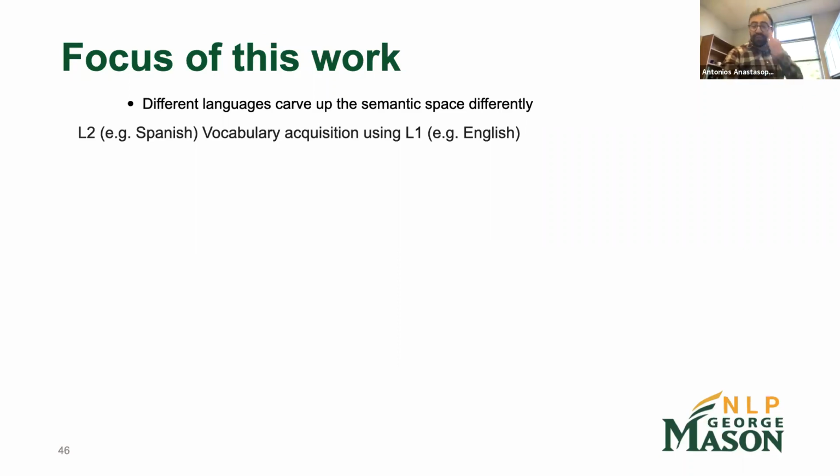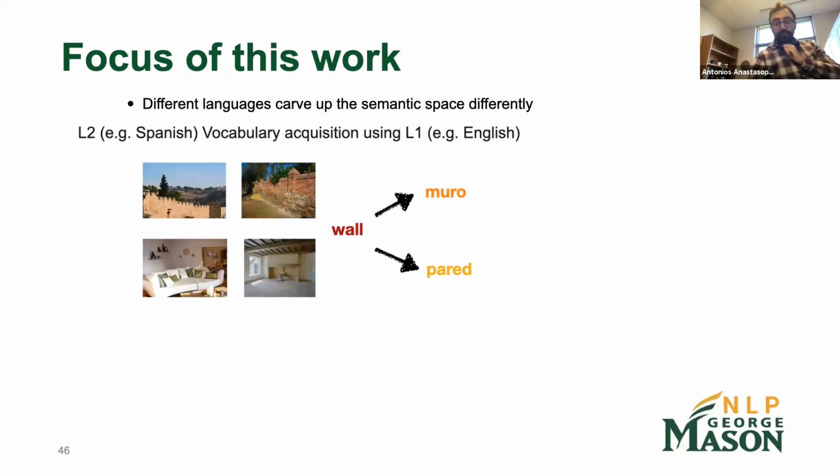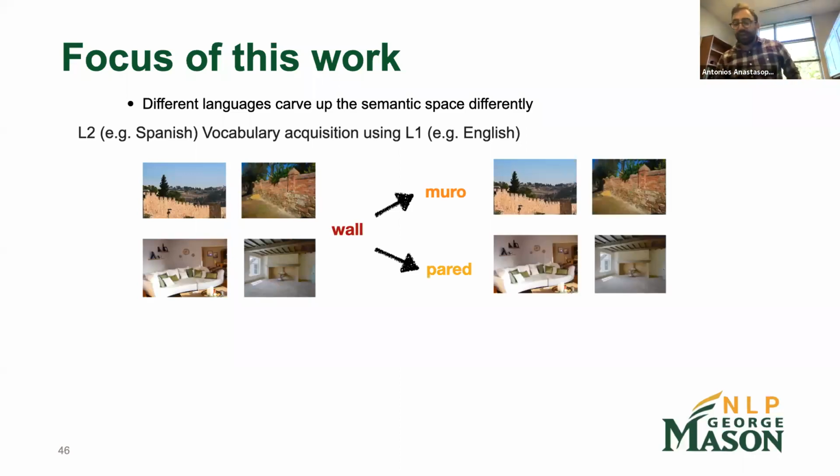This is the thing that we're trying to help learners capture. Maybe I'll leave this slide up for 5 seconds, but based on these images, you could have a guess on how the semantic space of wall is divided in Spanish, and I will give you the answer later.